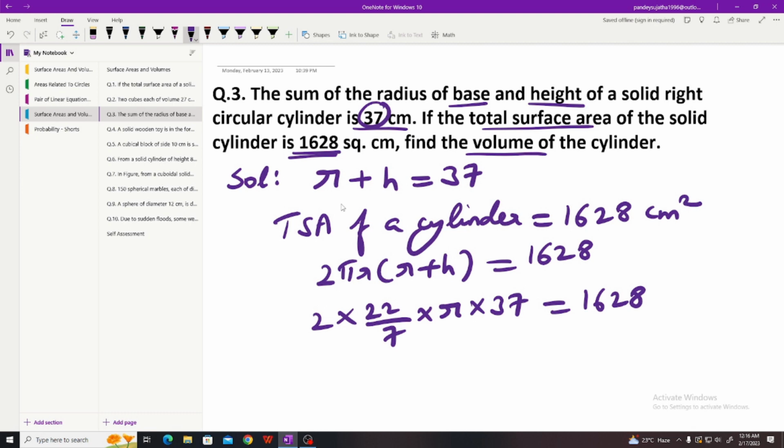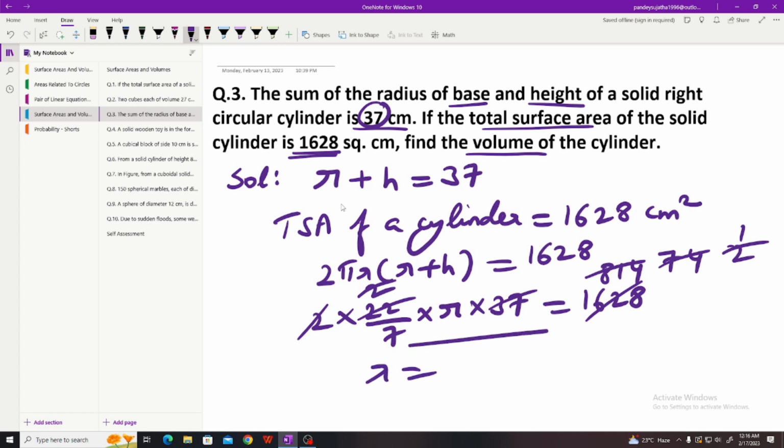So cancel it. Cancel this also. So here we are left with 1. So radius will be equal to, shift this 7 to the other side, so radius is equal to 7 centimeter.